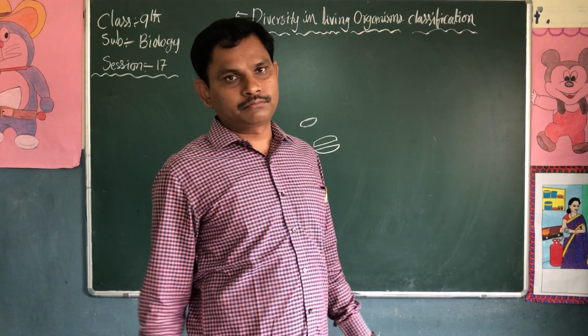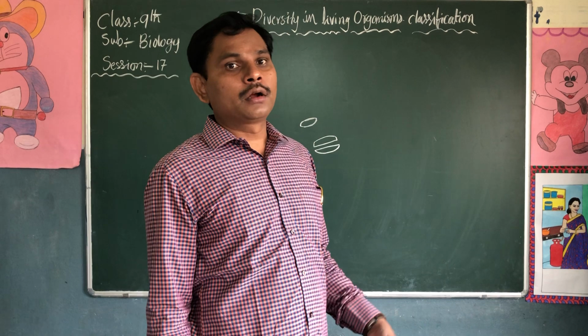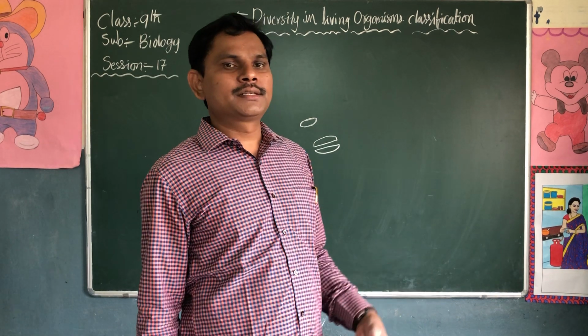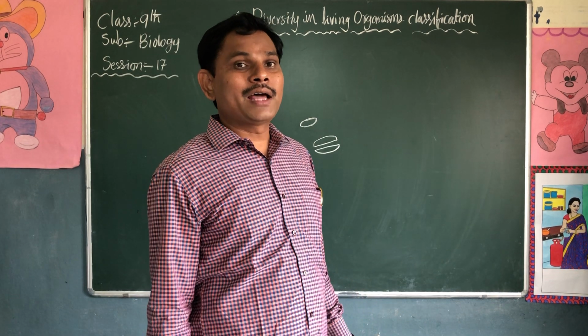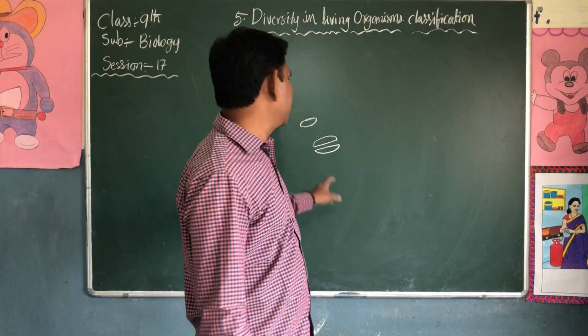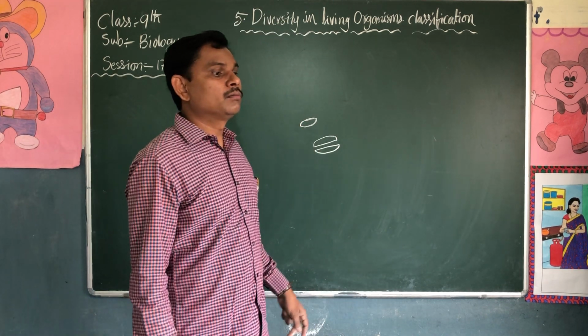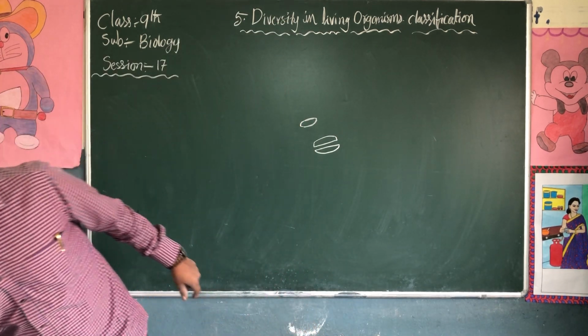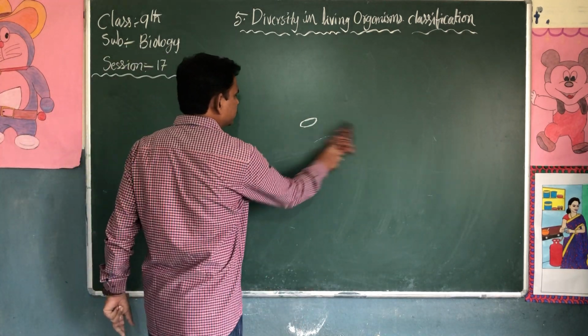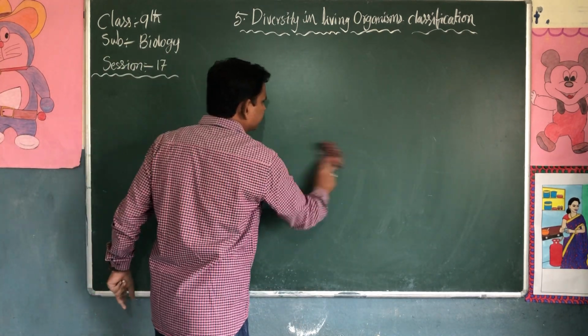Red gram, green gram, groundnut, beans are called dicotyledons. What is a dicotyledon and a monocotyledon?